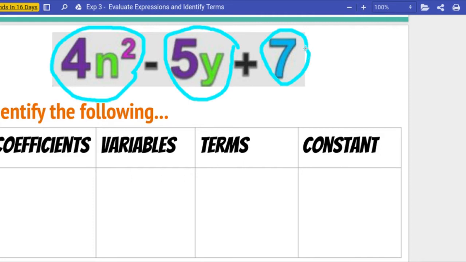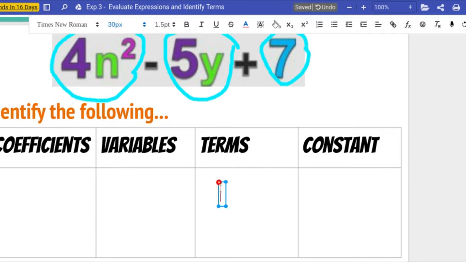So I have 3 terms in this expression, and I'm going to list them in this box right here. I have 4n to the second power, and I have 5y, and I have 7. Oh, oops, those are all written as exponents. We don't want that. Let's go ahead and take that off of there.